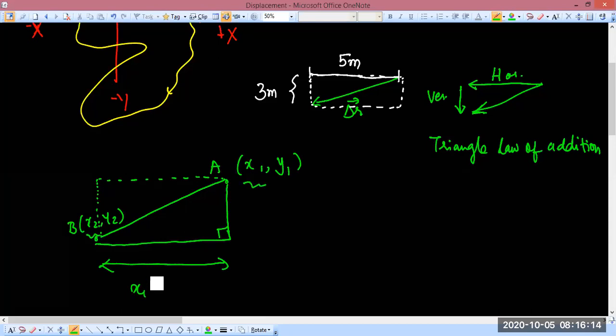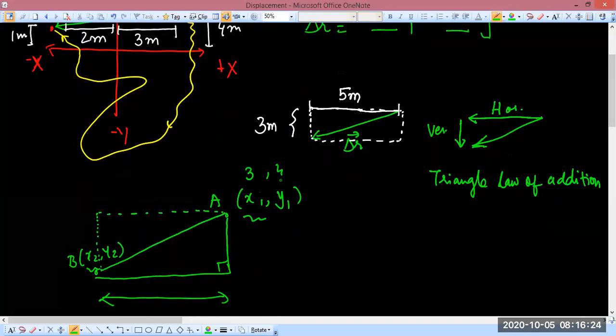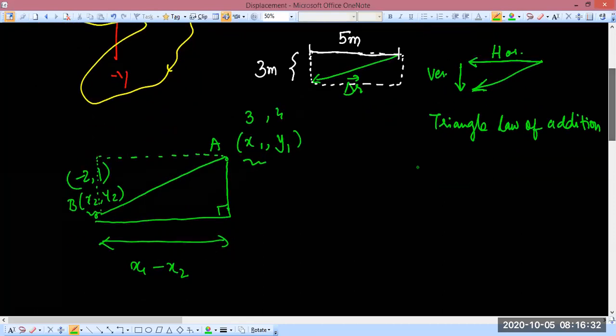Yes or no? Right? So for example, I took here 3 and 4, and this is minus 2 comma 1. So if I subtract, then I'll get 3 minus minus 2, so that is 5. And like that, I'll get this as 4 minus 1, right? I hope all of you realize that. So that's going to be 3.